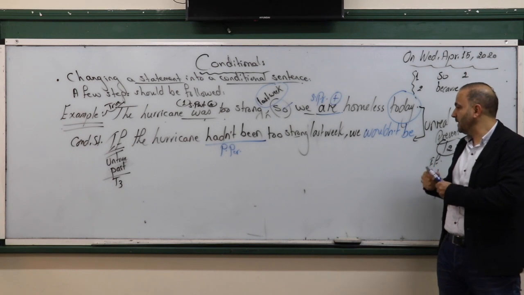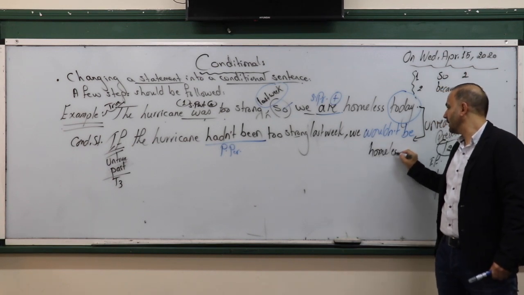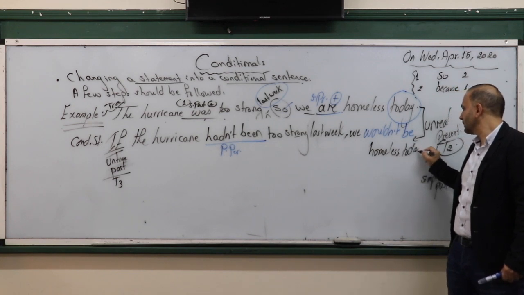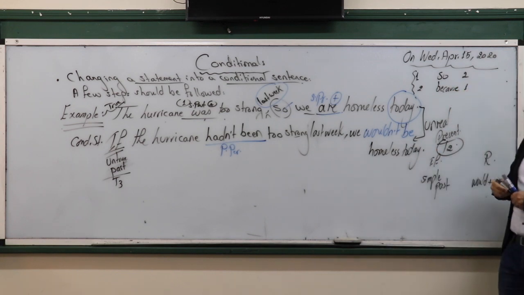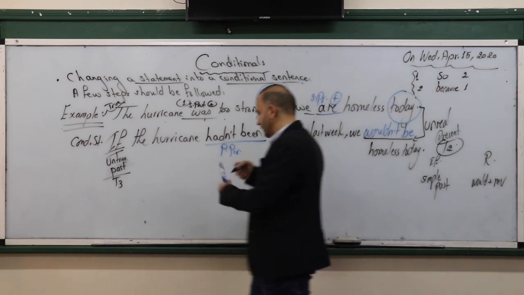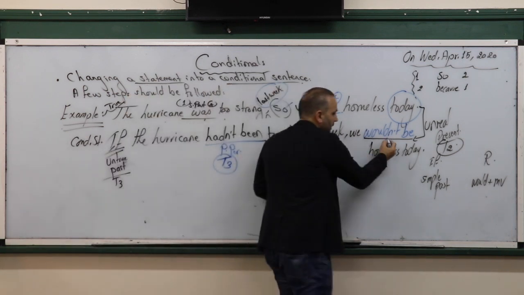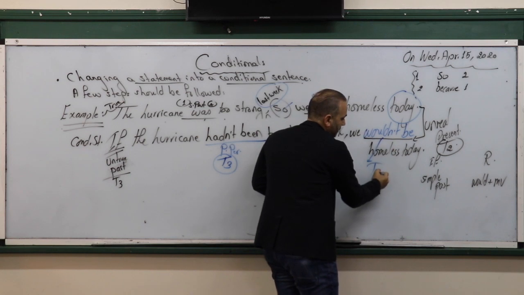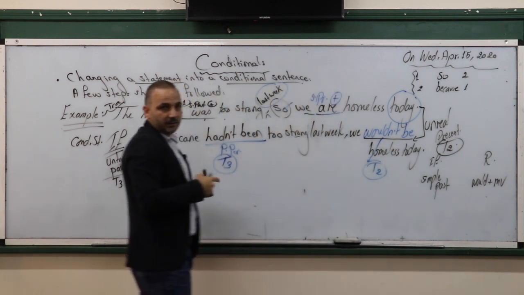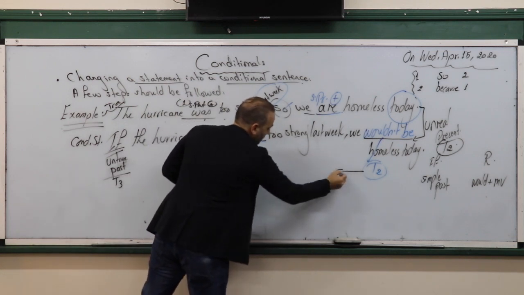We wouldn't be homeless today. Okay? That's it. So here we have wouldn't be. Here we have what? Hadn't been. Here we used what? Type 3. Here we used what? Type 2. Type 2 and type 3. So we have what? We have the mixed type.